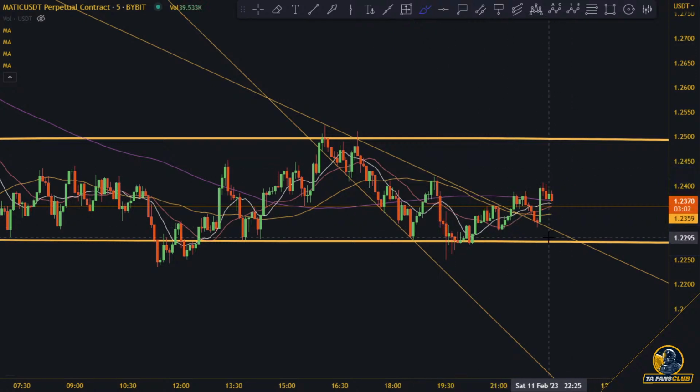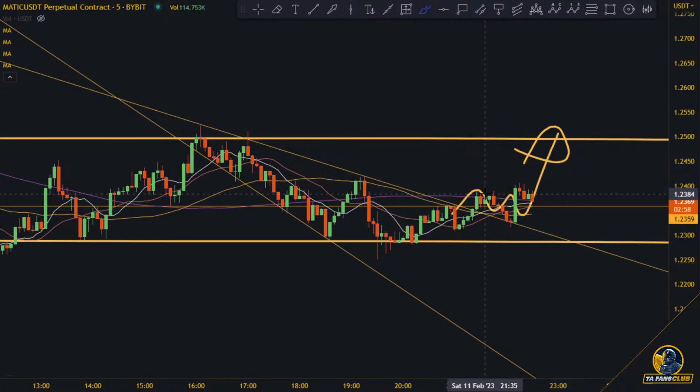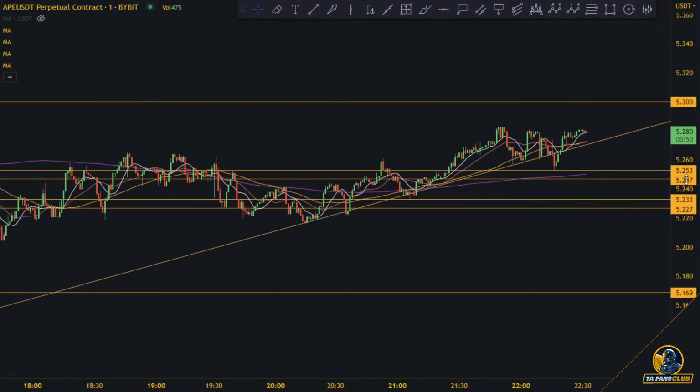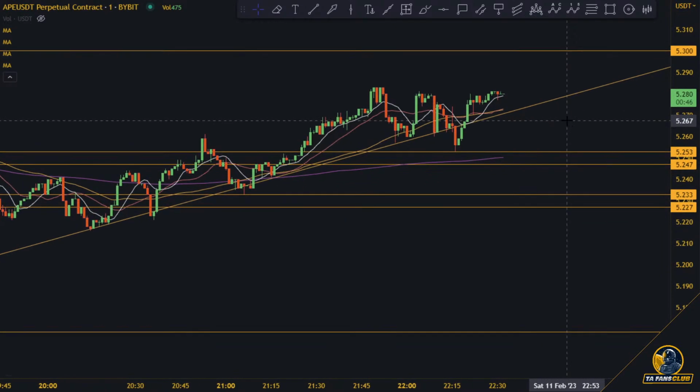If it broke out, it should pump, but it's not pumping, so the price for bullishness is a little weak. And this is literally not doing anything, man. It's dropping straight into the flames.